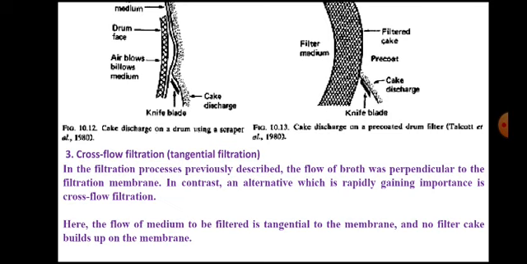The advantage of cross flow filtration is that it prevents the formation of filter cakes. Remember that in the perpendicular filtration process, the filter cake, as it builds up, increases the resistance to flow. That means the rate of filtration decreases as the filter cake diameter increases. In cross flow filtration, the flow of the medium to be filtered is tangential to the membrane, and no filter cake builds up on the membrane. That is the advantage of cross flow filtration.